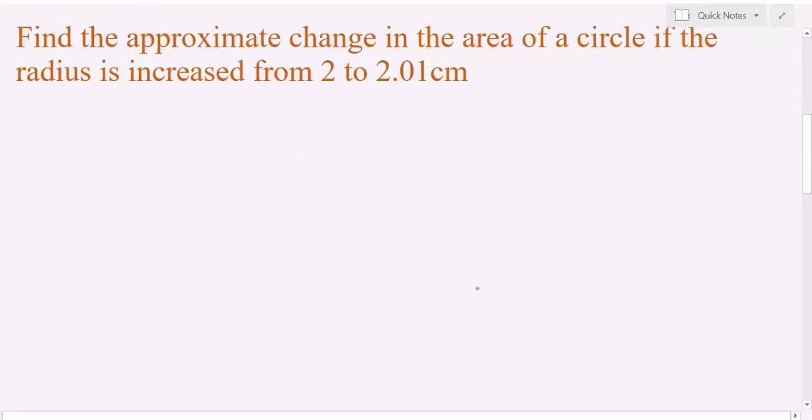Another example: we want to apply the use of differentiation to find the approximate change in the area of a circle if the radius is increased from 2 to 2.01 centimeters. First, we have to determine the relationship, the area of a circle.